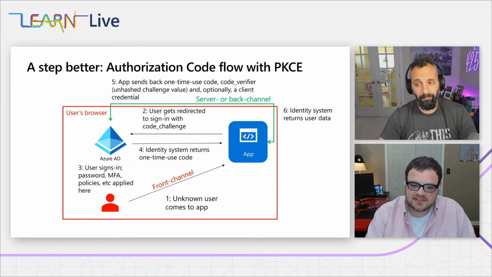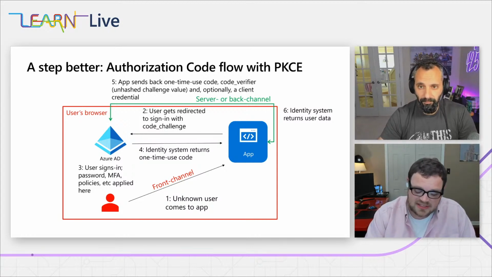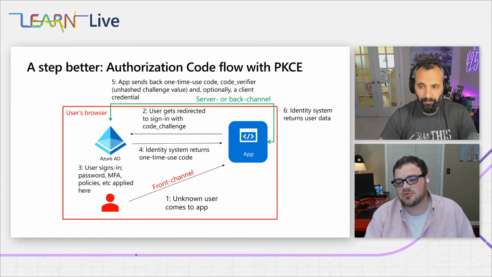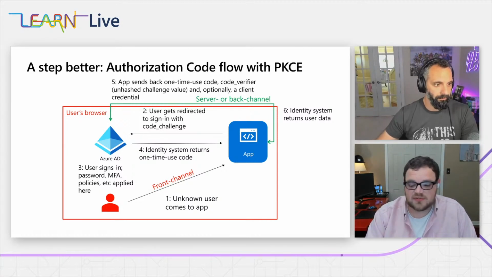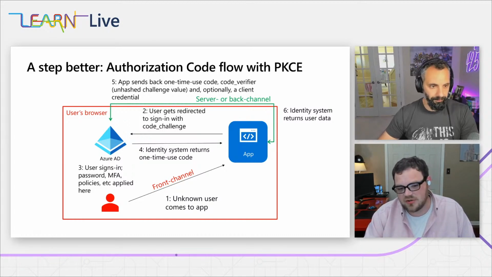That way Azure AD can see that the app that requested the user to sign in is the same app that's actually redeeming the code and going to receive the tokens. So it's a little bit different from traditional authorization code, but it offers a lot more security in terms of the round trip.